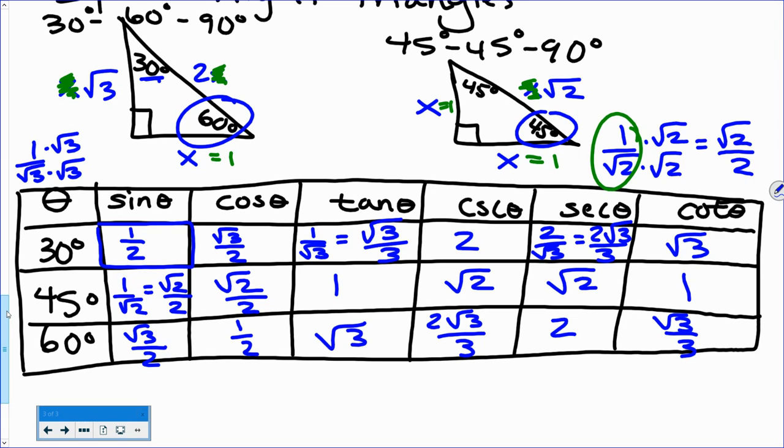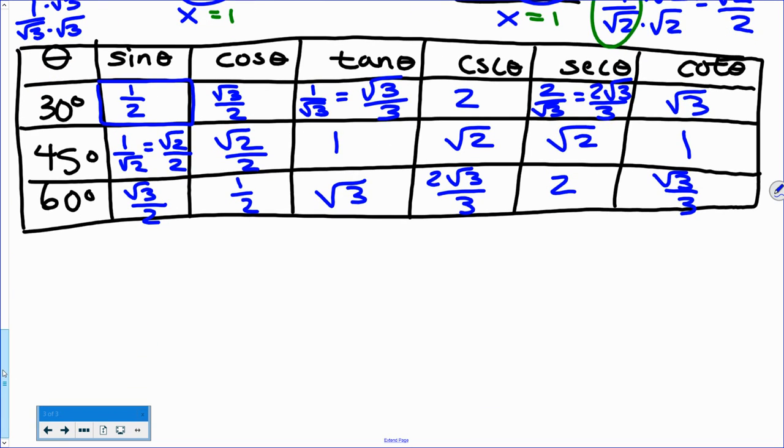We're going to make this table multiple times, and we're going to use it to help us answer some questions. On problems on your homework, you're going to be asked, what is the sine of 30 degrees?